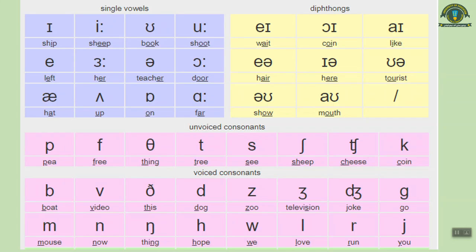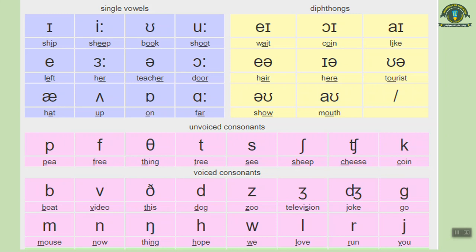Okay, now here we are going to look at the English symbols or English phonemes in detail. There are 44 phonemes in English, you must know that, and there are 20 vowel sounds and there are 24 consonant sounds, and in 20 vowel sounds we have 5 long vowels and we have 7 short vowels.